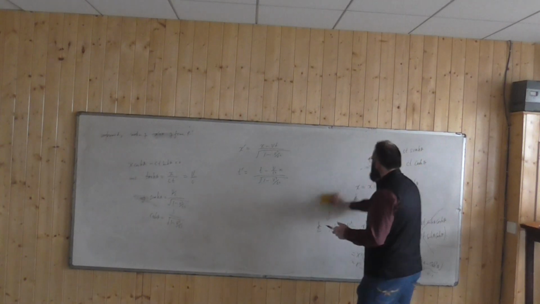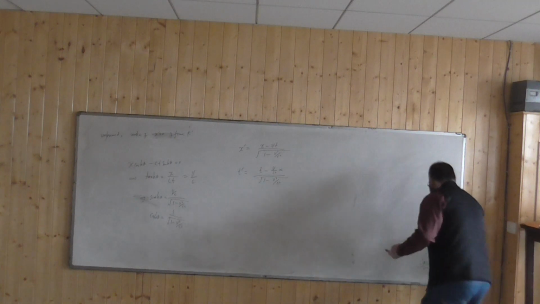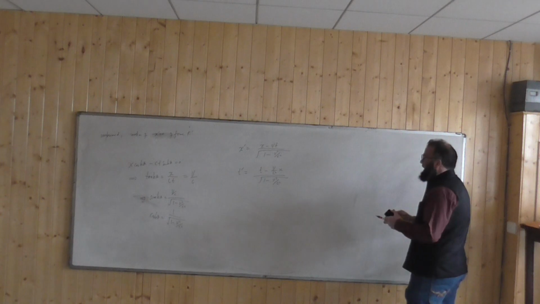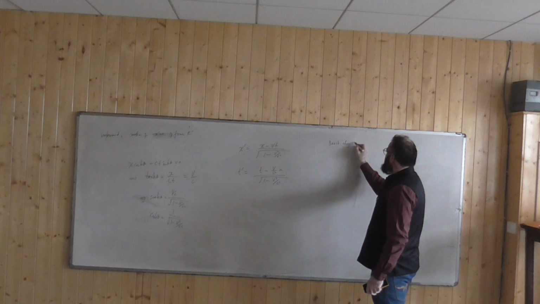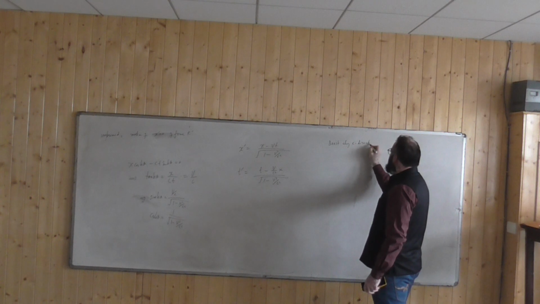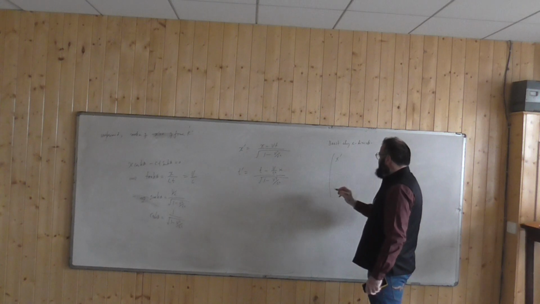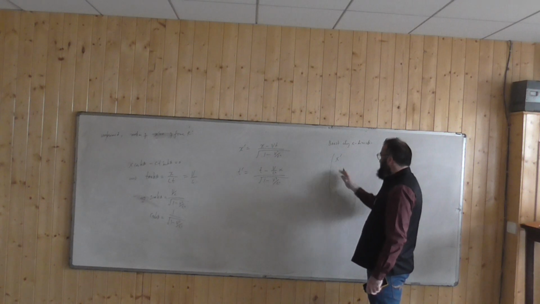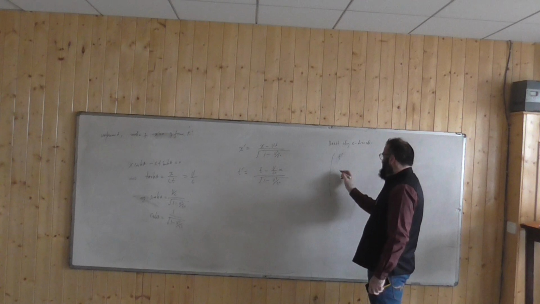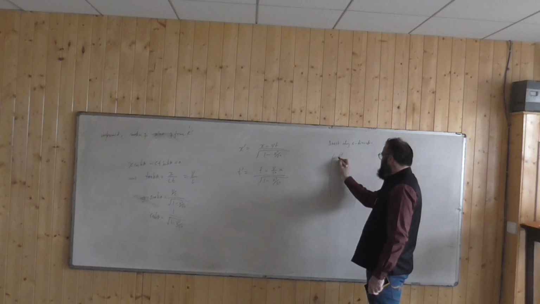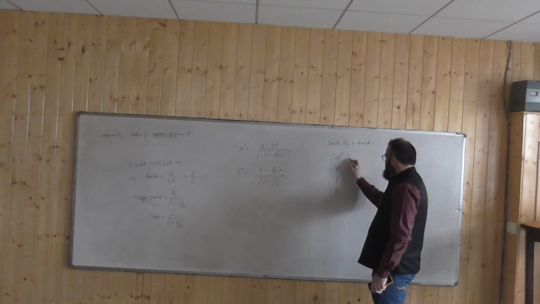So now let's try. We have, therefore, a boost along the x direction, like this. Let me write ct prime first, then I will write x prime, y prime, z prime.